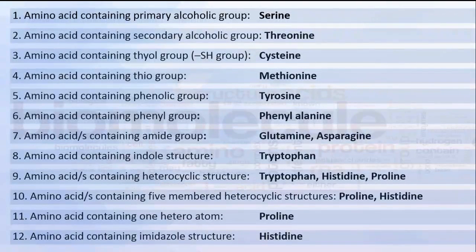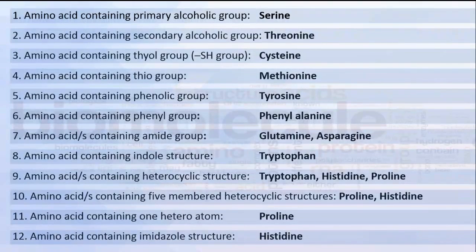Amino acids can also be distinguished based on the speciality they have: serine has a primary alcoholic group, threonine has a secondary alcoholic group, cysteine has a thiol group, methionine has a thioether group, tyrosine has a phenolic group, phenylalanine a phenyl group, glutamine an amide group, tryptophan an indole group.